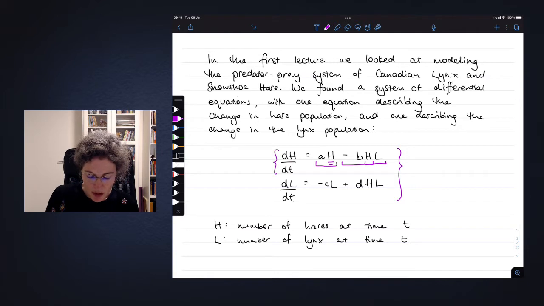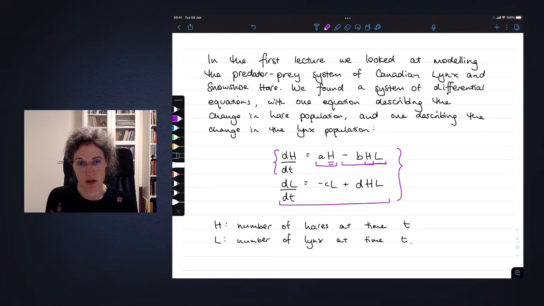And similarly, we put together a differential equation that describes how the lynx population changes over time. And the thing is, these two differential equations are linked together. We can't just solve one because each one contains the variables from the other. So our equation for our hares, dh by dt, has our hare function in there, but it also has the lynx function in there.